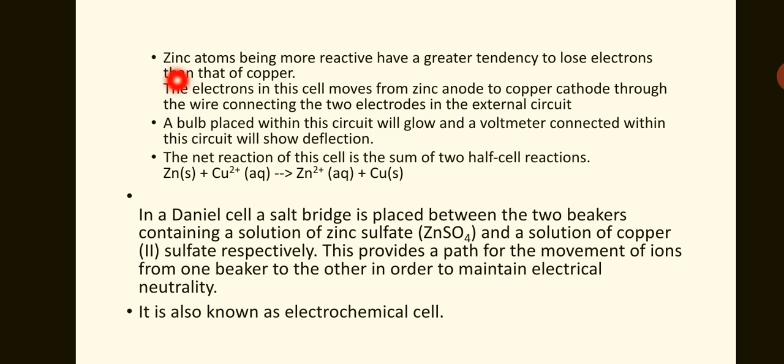Now further, the Daniell cell is described as below. Zinc atoms, being more reactive, have a greater tendency to lose electrons than copper. These electrons in the Daniell cell move from the zinc anode to the copper cathode through the wire connecting the two electrodes in the external circuit, as shown in the diagram.